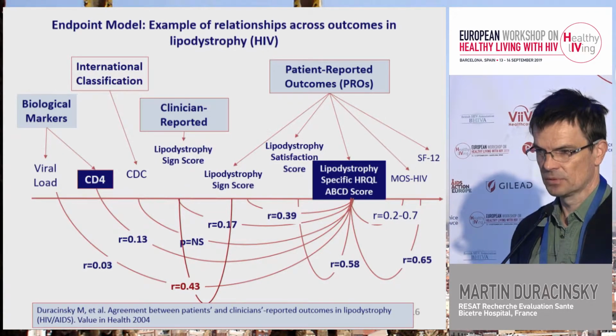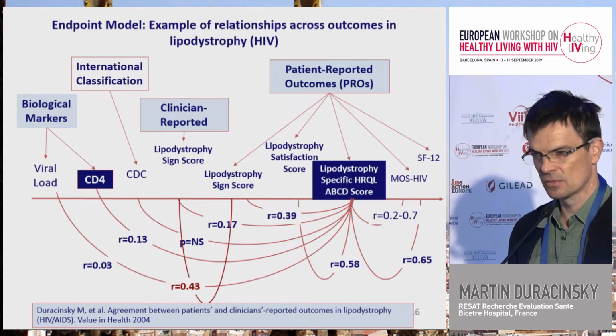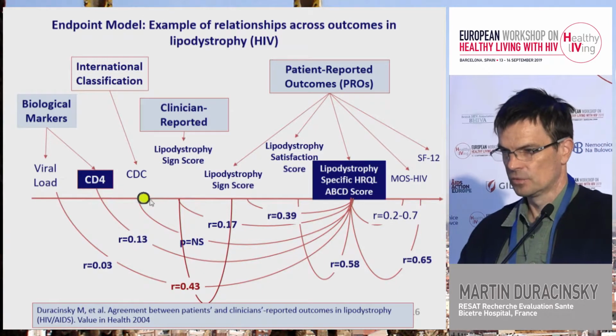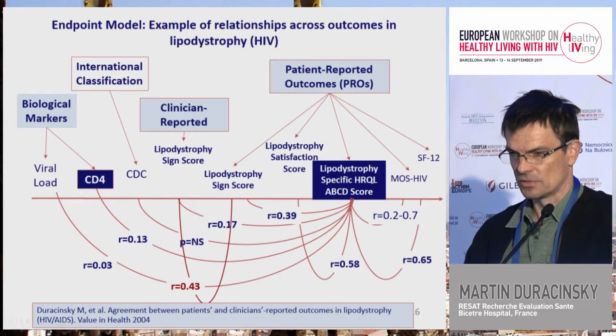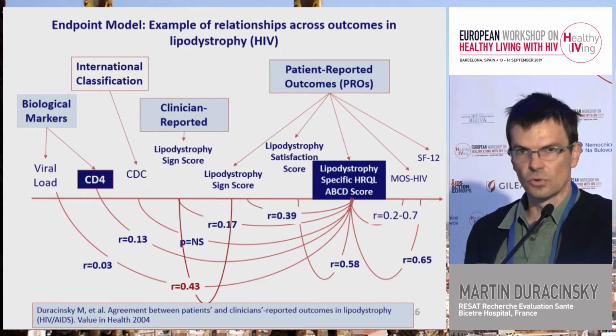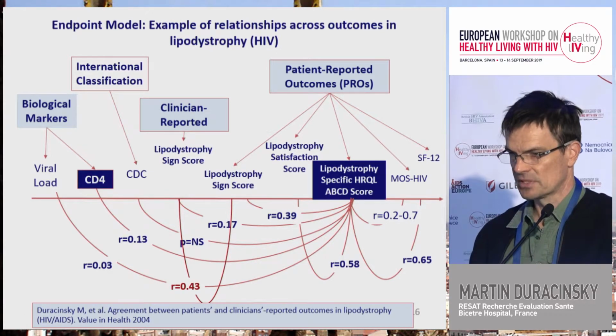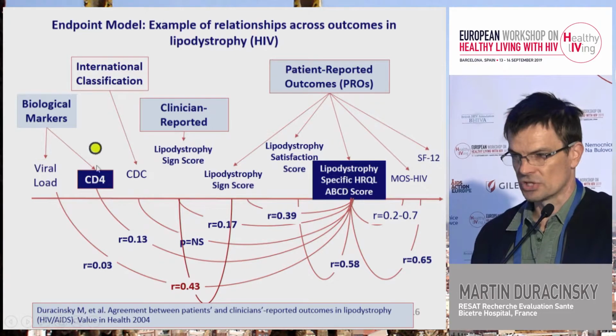This is an example to show the place of quality of life and other PROs among other endpoints. This line would be like a continuum of different endpoints that you can measure in a clinical trial. The slide looks a little bit complicated, but it's not so complicated. For example, you can see that biological markers, viral load and CD4, have no correlation with quality of life related to lipodystrophy.